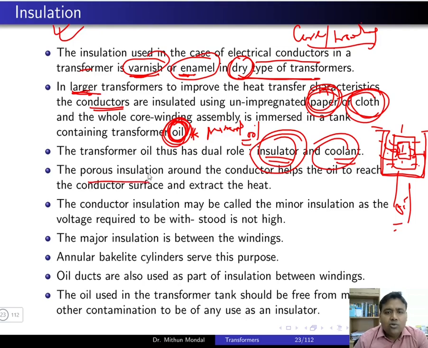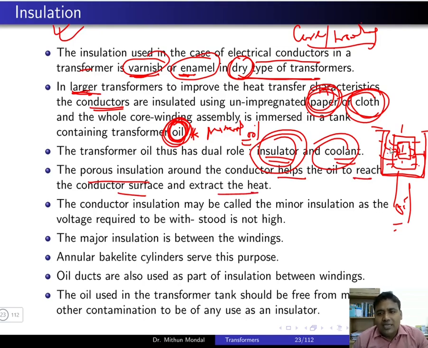The porous insulation around the conductor helps the oil to reach the conductor surface and extract the heat.